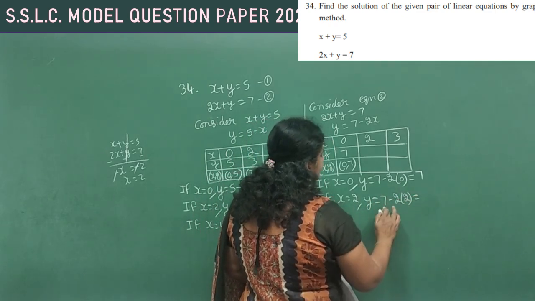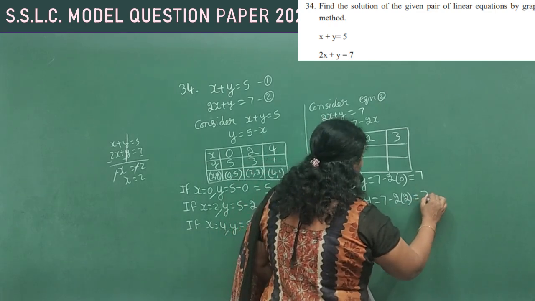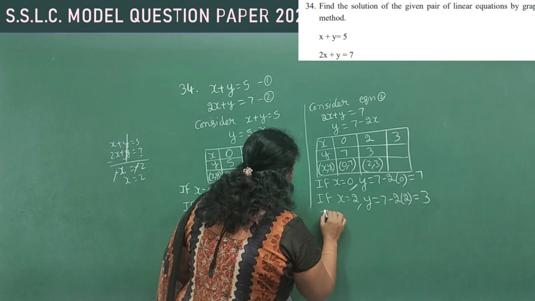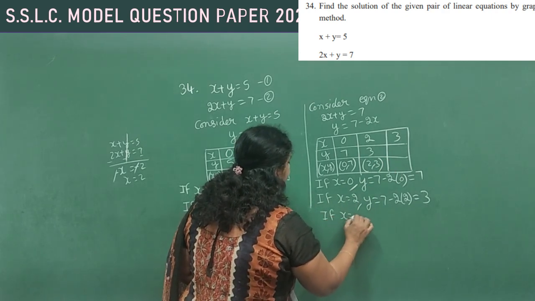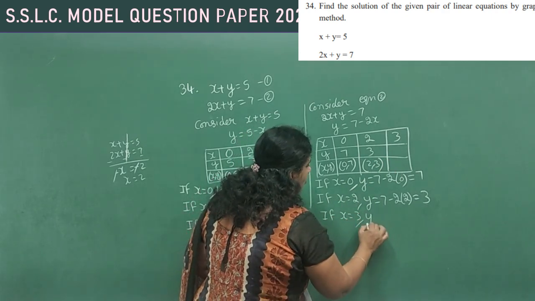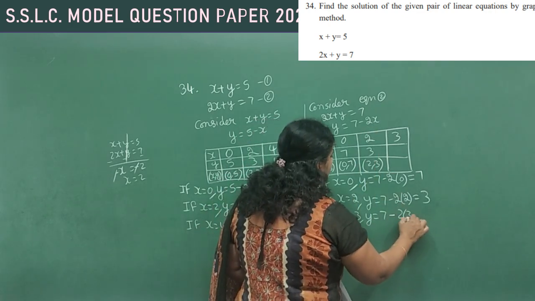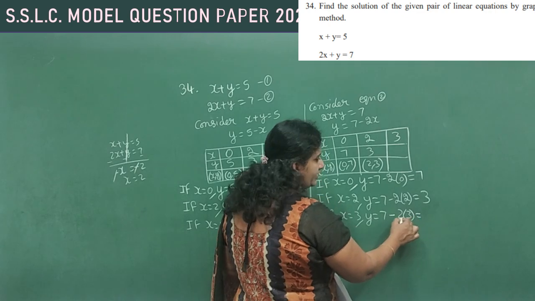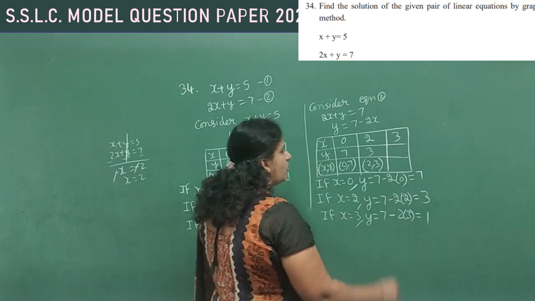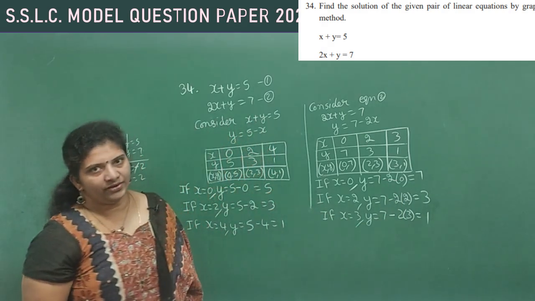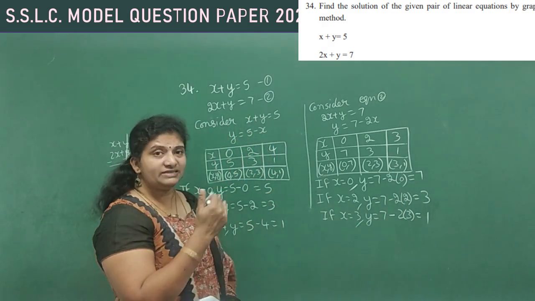That is 7 minus 4. It will be 3. So mark here 2, 3. And next, if x is equal to 3, y is equal to 7 minus 2 into 3. 7 minus 6 is 1. 3 comma 1. Right?